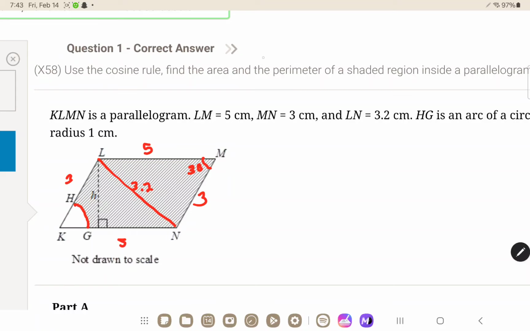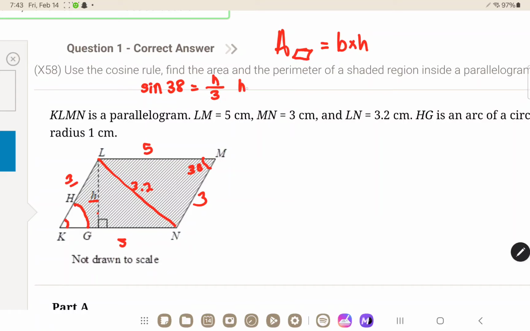And we know area of parallelogram is equal to base times height. Now we need to find the height. How are we going to find the height? We have an angle here and we have a right triangle. You have your angle, you have the side opposite to it, and you have your hypotenuse. So we're going to use sine. Sine of your angle here, which is 38, we found it, equals h over 3, h over your hypotenuse.